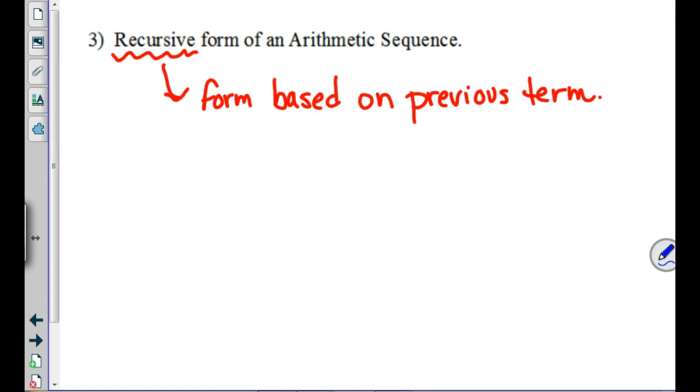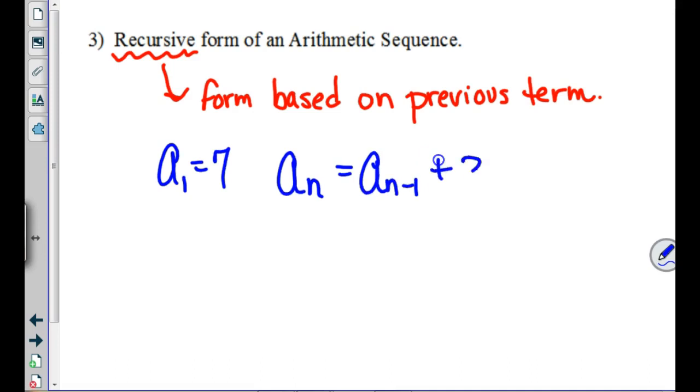Most fourth graders could tell me the recursive form for the one we just talked about, because they could all tell me we started at what? And then to find the next term, what did we do? Yes, so we took the previous term and added 3.